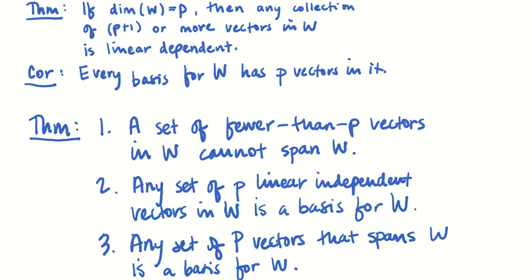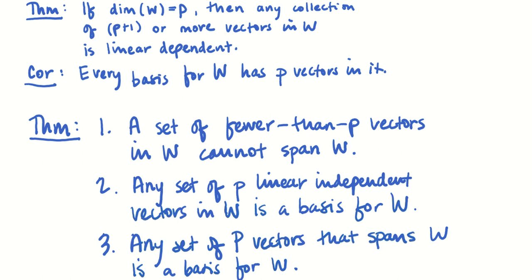If you have 2 three-dimensional vectors, they can't span all of R3. They're going to span a plane within R3, but they can't fill up all of R3. Or: any set of p linearly independent vectors in W is a basis for W.